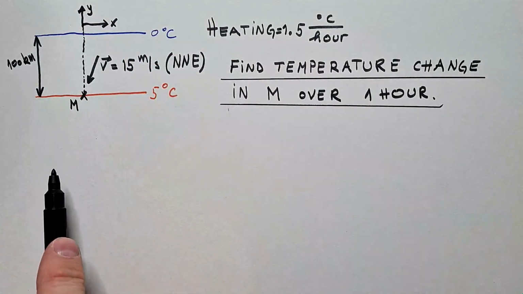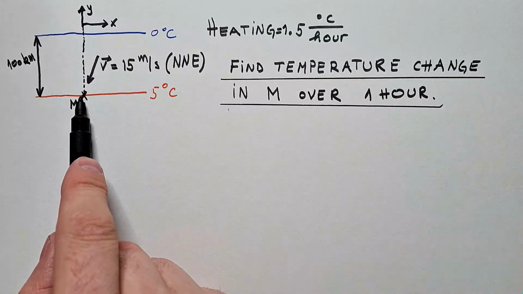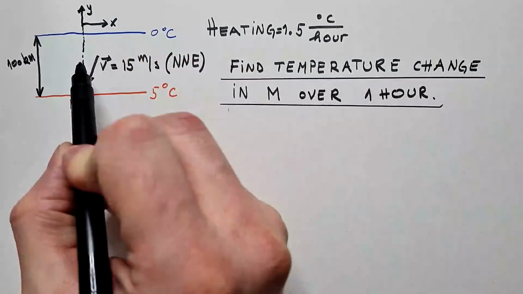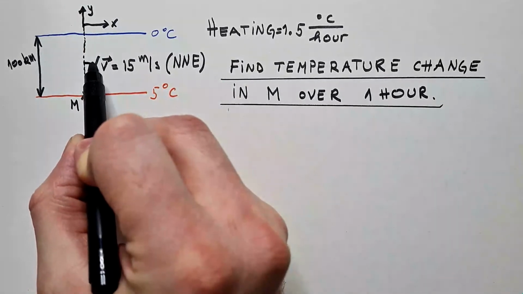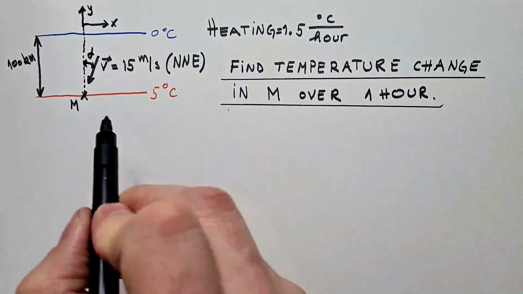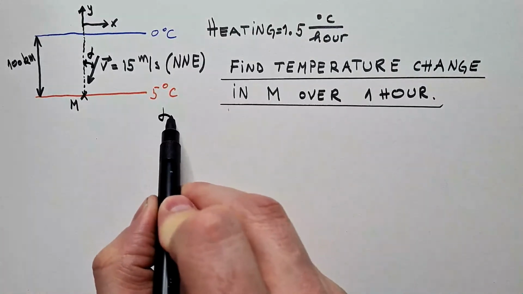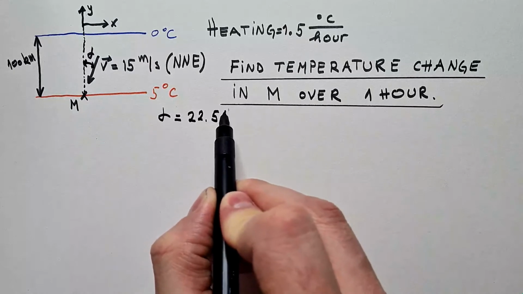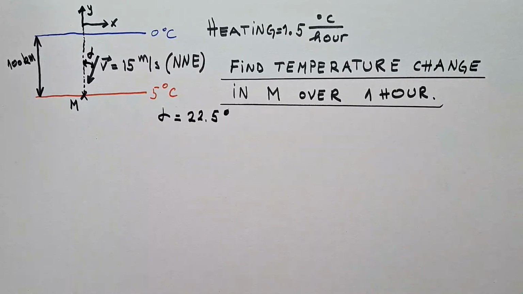So north would be 0 degrees, northeast would be 45 degrees, so north-northeast is in between, which is 22.5 degrees. Which means this angle, let's call it alpha, is 22.5 degrees. Okay, so we quantified the north-northeast direction.